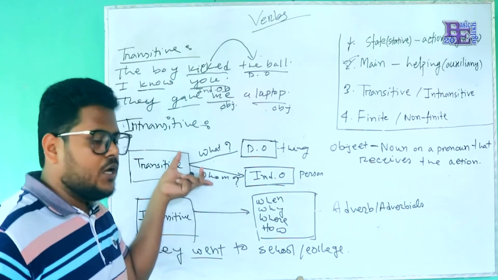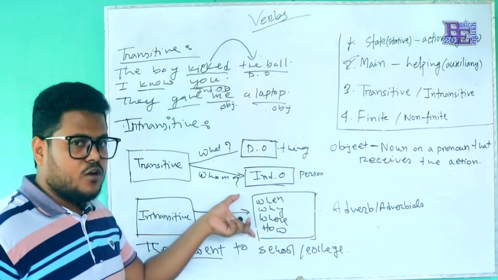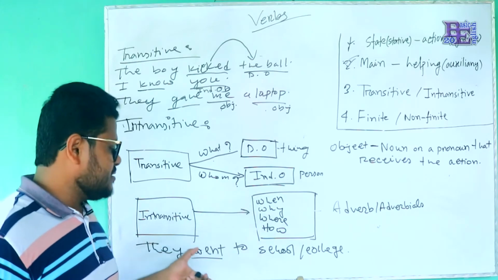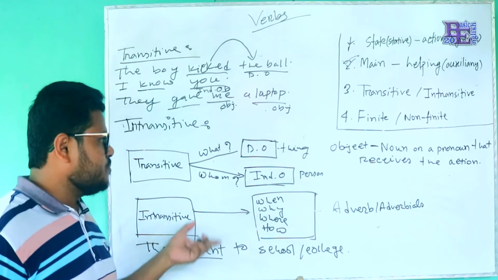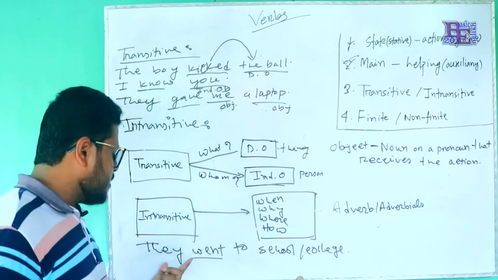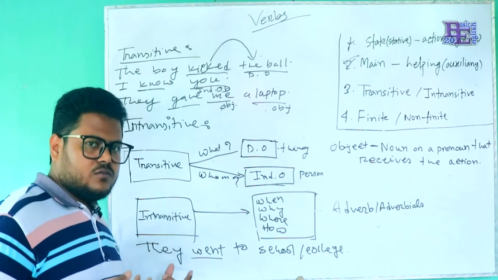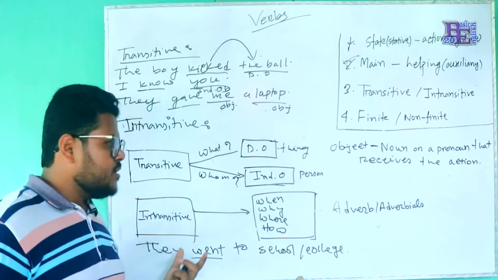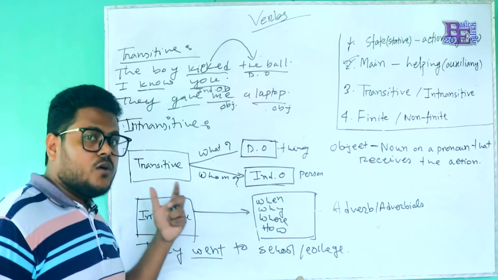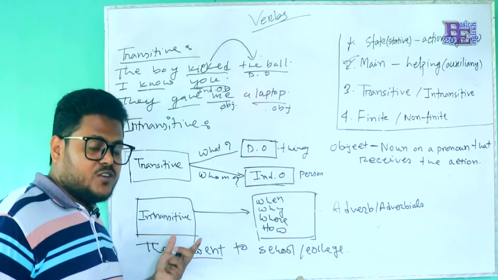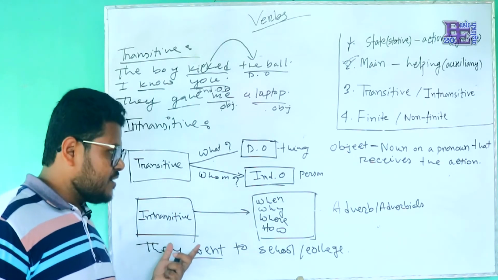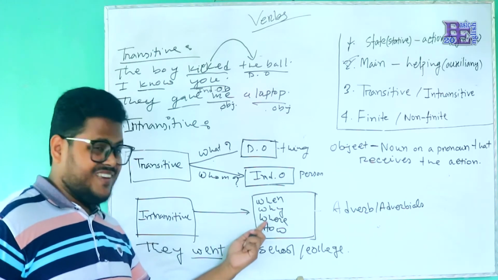To be more sure, you can ask the questions with one of them. If you make a question with what, if you say what did they go, you will not get the answer. And if you ask whom did they go, you will not get the answer, but you will get the answer with this one.